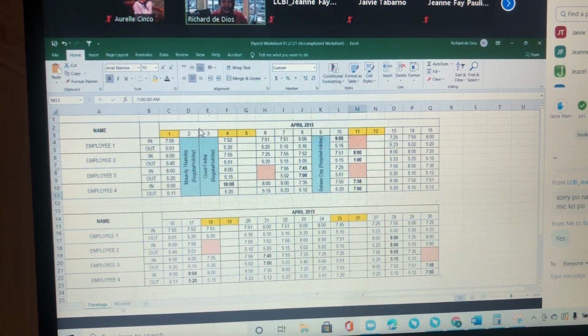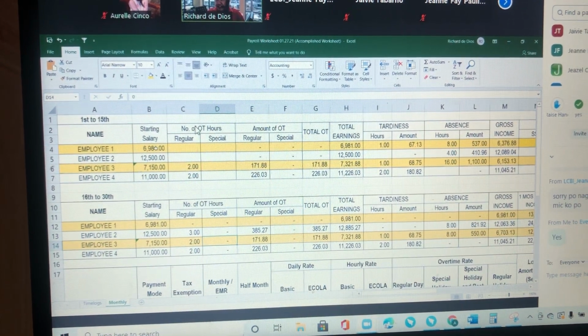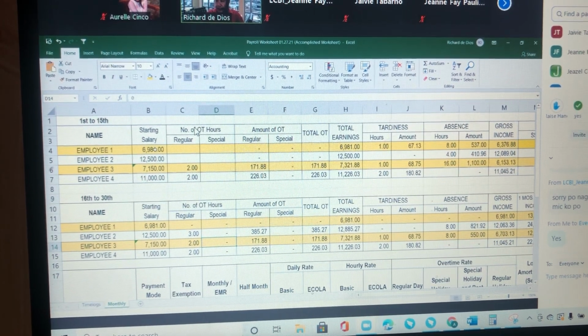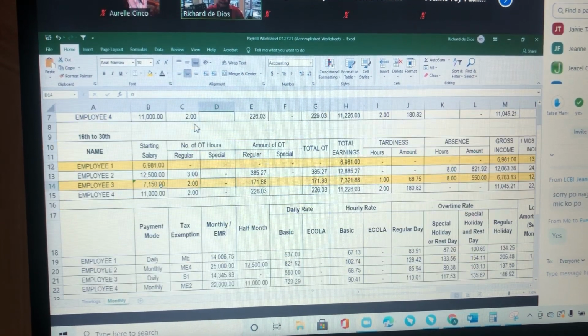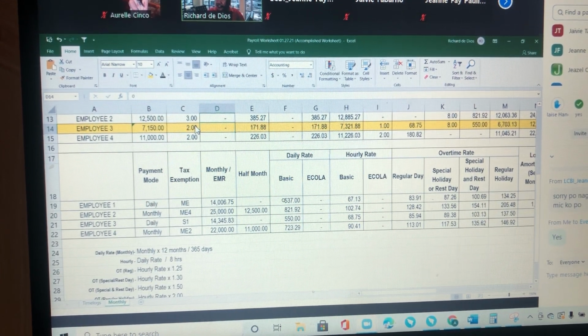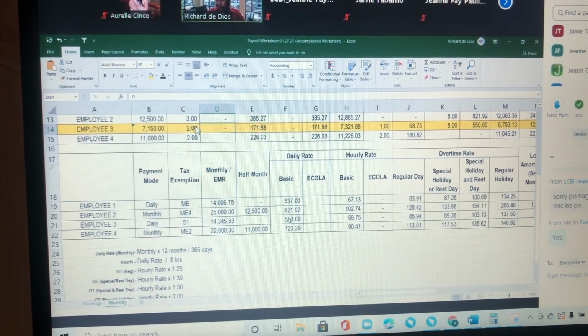So what happens now is I just simply multiply the daily rate of employee 1 and 3 to 13. In this case, employee number 1, ang daily rate niya is 537, which is minimum wage. Si employee number 2, 550.